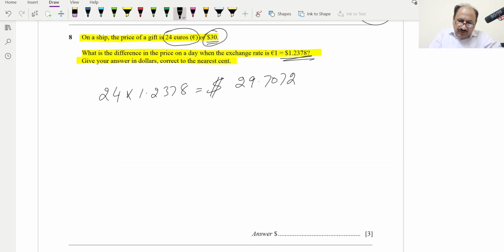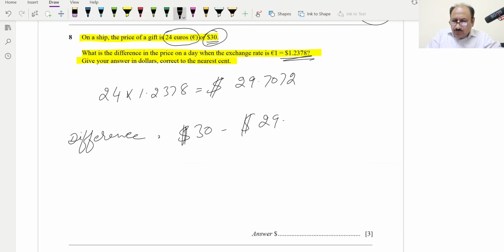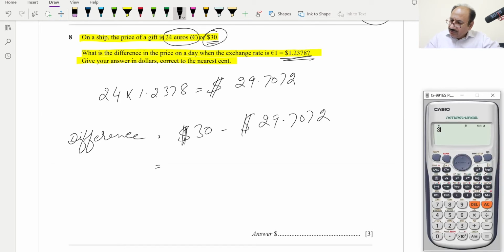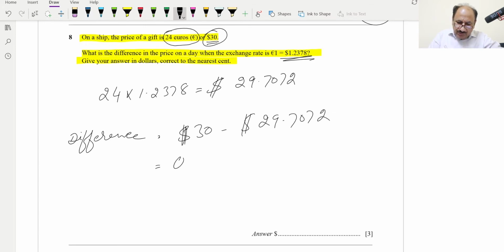So the difference will be equal to $30 minus 29.7072, and the answer will be 0.2928, and our answer we can provide up to two decimal places, so 0.29.